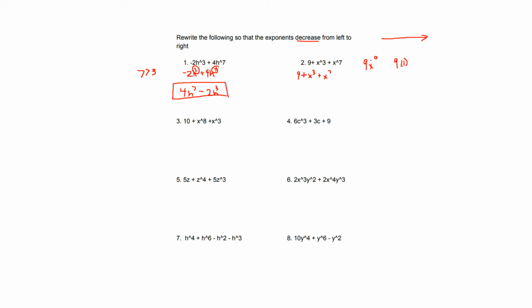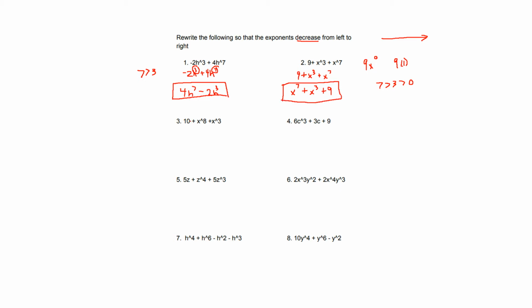So just think of it as if it has an x to the power of 0, okay? And the greatest exponent is 7, then 3, and then 0. So in that order, it's going to be x to the power of 7 plus x to the power of 3 plus 9. That's your final answer for number 2.